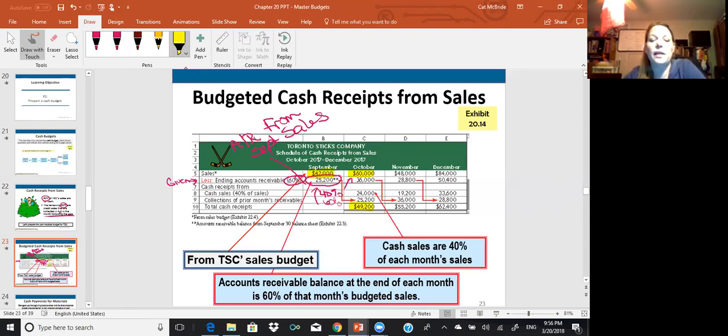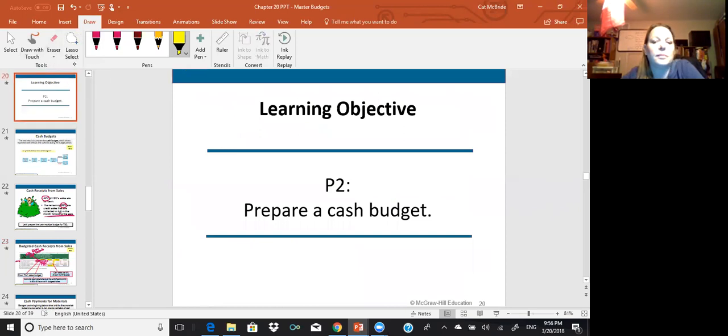Now that $49,200 becomes our beginning balance in the... Oh wait, no, because it's not the cash part yet. It's only the sales part. Great.